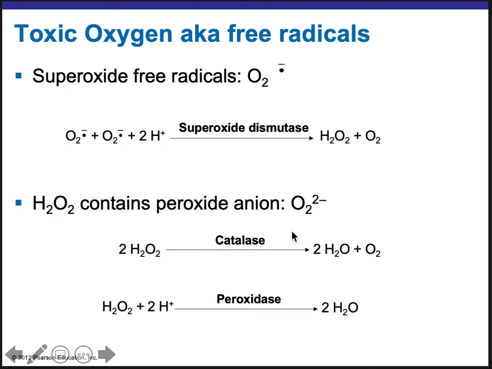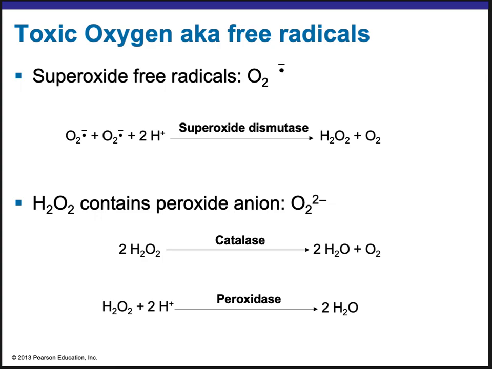Catalase produces water and oxygen gas, and that's how you get the bubbles. So when you have a cut and you pour hydrogen peroxide in your cut to get rid of any debris and to kill off some bacteria, you're going to kill bacteria that don't necessarily have the enzymes to deal with it.